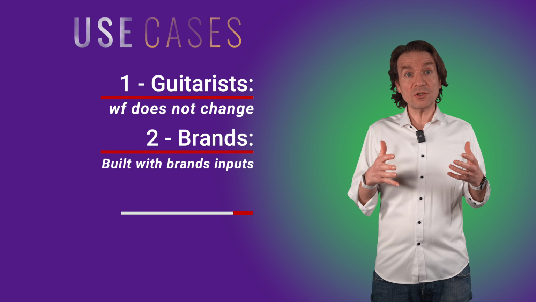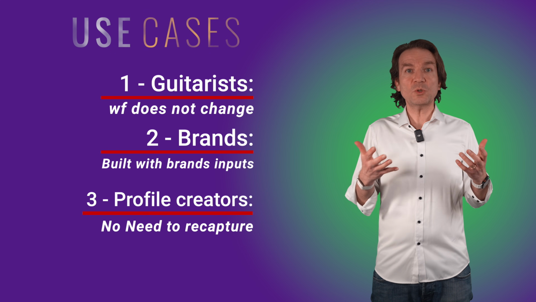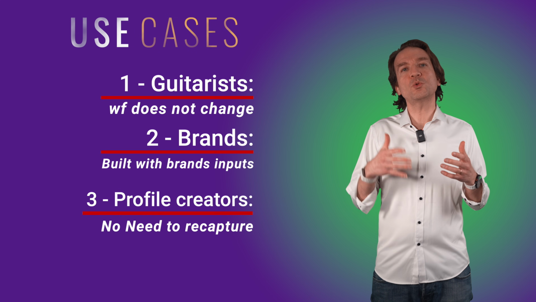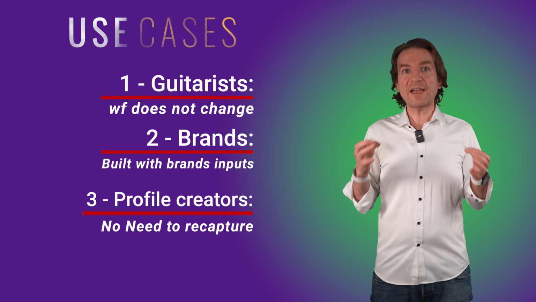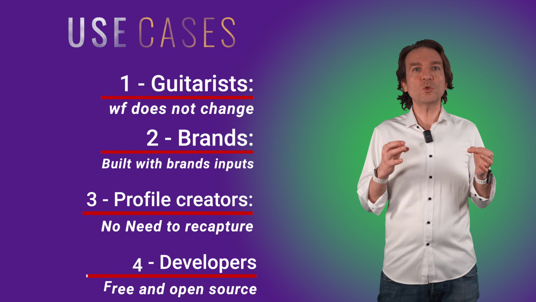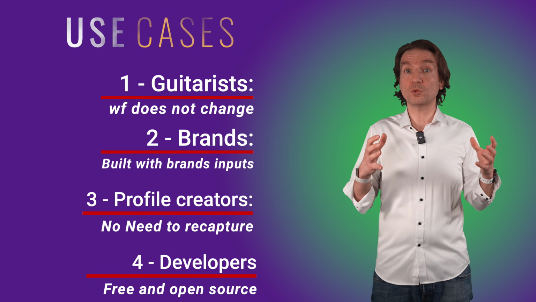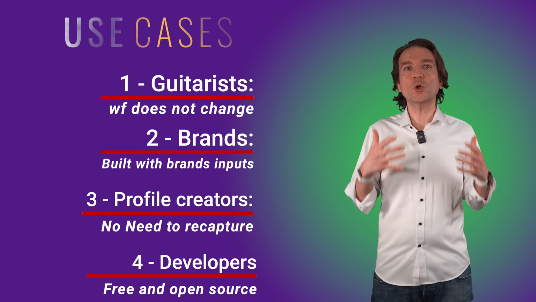For capture creators, you won't need to recapture your gear. Tone 3000 will automatically retain existing captures to A2. Your original recordings remain valid. For developers, the full A2 specification, training code and DSP implementation will be open source. You'll be able to integrate slimmable NAM into your own products.